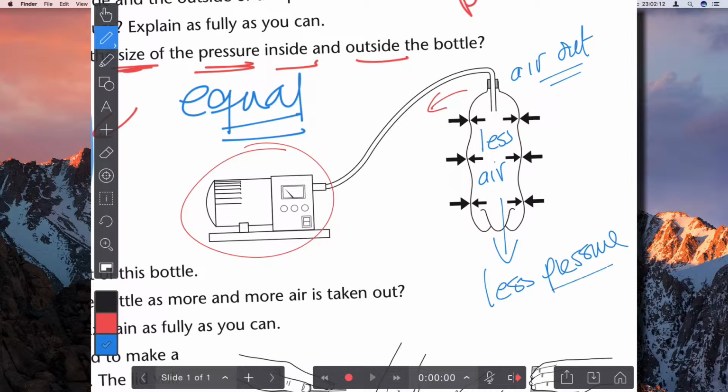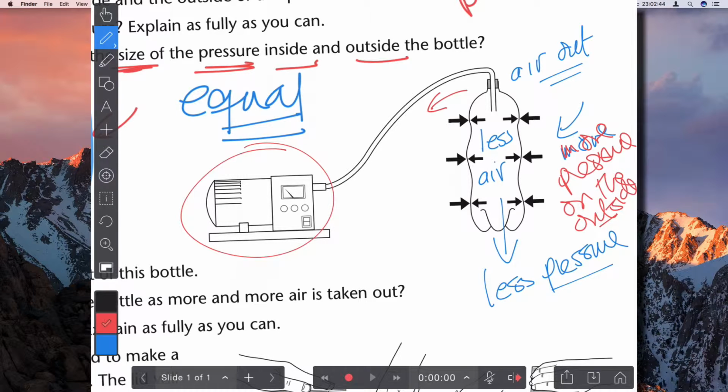So if there's less pressure inside, then there is now more pressure on the outside as compared to the inside. The pressure outside has remained the same, because it is still the same amount of air on the outside.